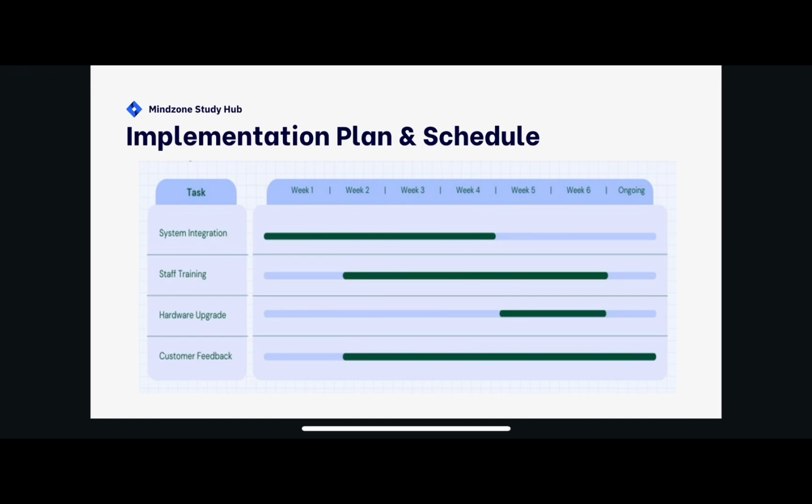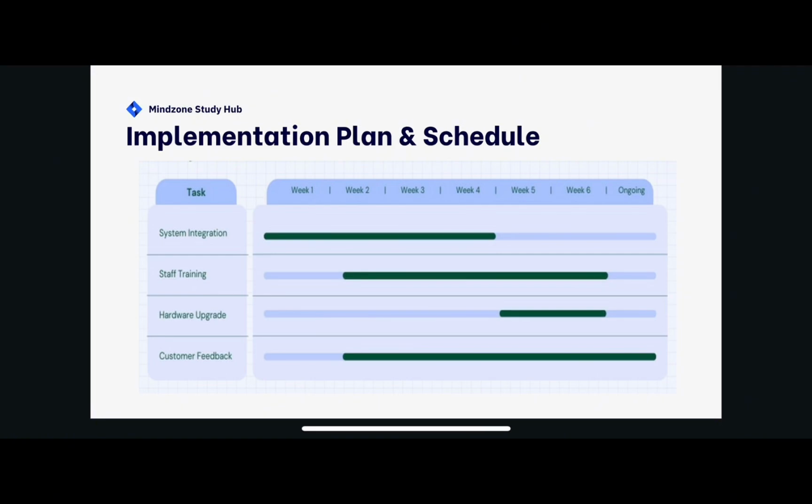And that is actually still very efficient right now since they only have around 30 or 36 seats in the entire study hub. So after integrating the system, we will need to go through the staff training starting the week 2 of the entire process.